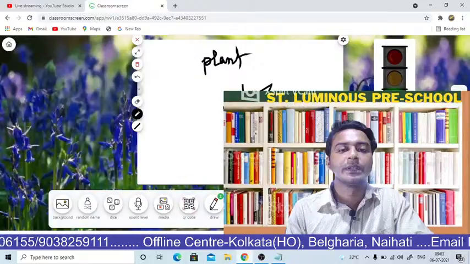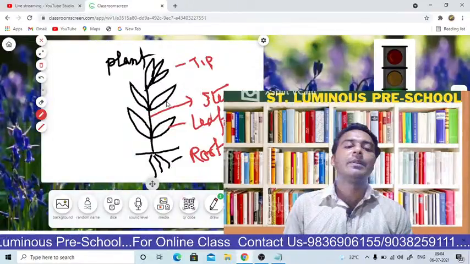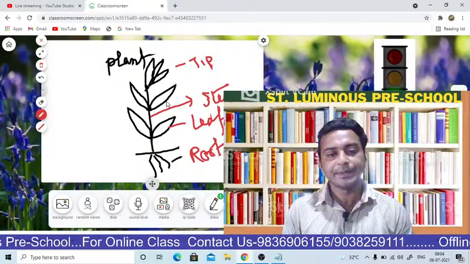And this portion is called the stem. And you also look here, this is a plant body. This is called a leaf, and the tip of the plant which bears, this is the tip portion of the stem. Look at the stem. The stem is the upper part of the plant body and the root is the lower part of the plant body.